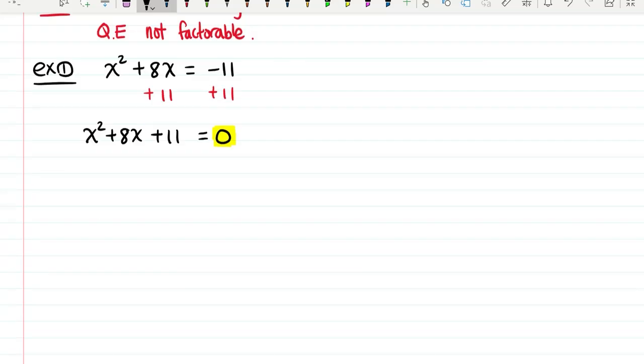Once you have this form of the equation, we check if we can factor it using factorization. The product is positive 11 and the sum is positive 8.